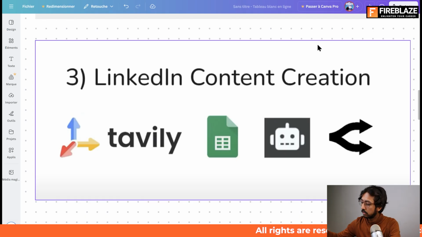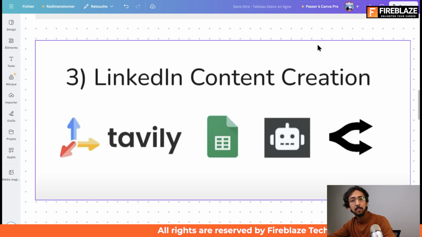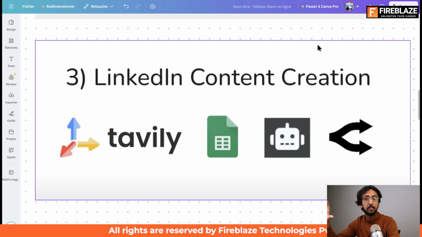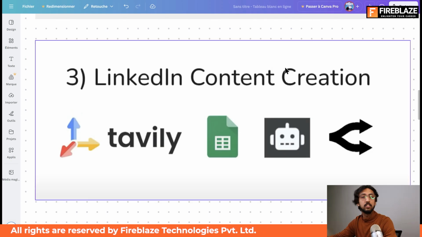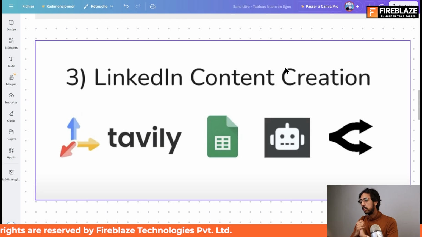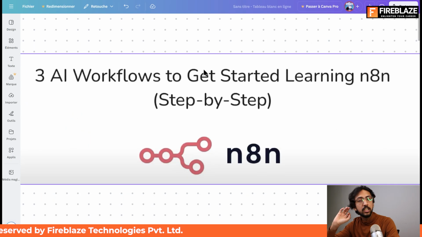What this does is Tavily gets the data from web engines like Google, stores it in the Google Sheet, and then the LLM and agent will create the content based on that. And it's then uploaded back to the Google Sheets, ready to be sent on to LinkedIn. So this is how we plan to automate the very tiring task of making content on LinkedIn.